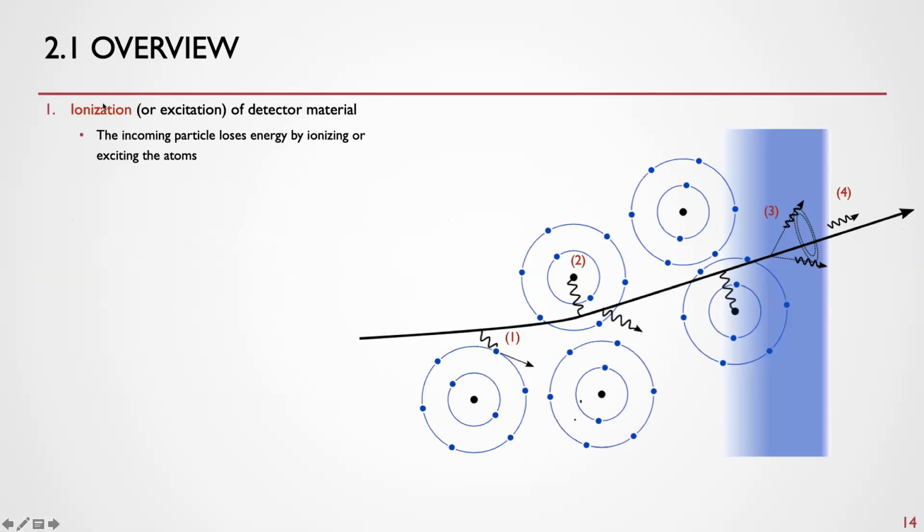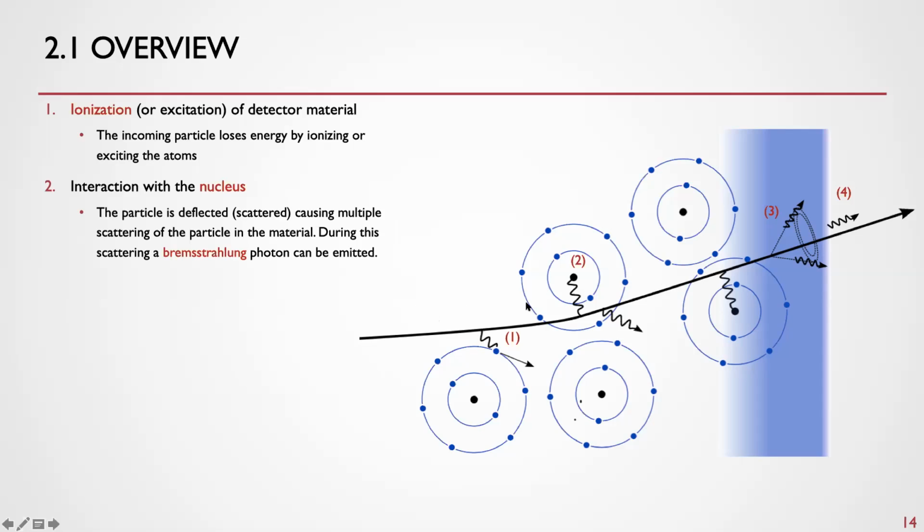The first one is ionization, or excitation of detector material. So think of a muon or an alpha particle or any other heavy charged particle. It will Rutherford scatter, Coulomb scatter, with electrons in the atomic shell, kick them out, and thus lose its energy along the way.